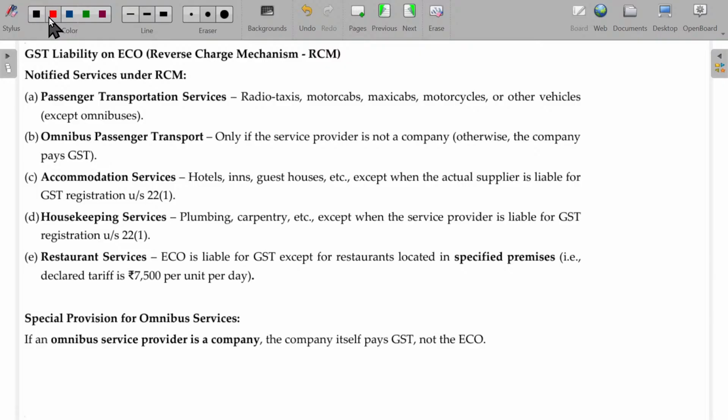Now, GST liability on ECO. ECO services include passenger transport services like Ola, omnibus passenger services, and RedBus. How many of you use RedBus? Have you heard about RedBus? A few of you heard or not? Okay, good.